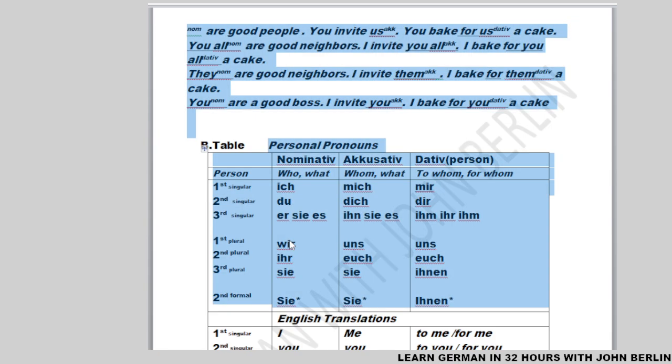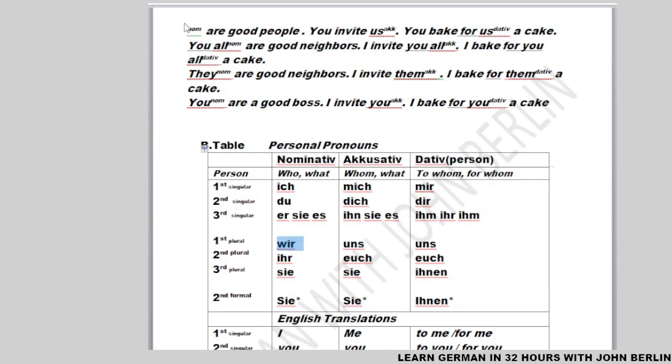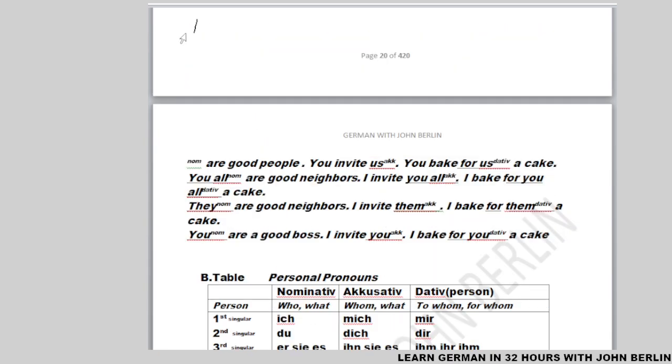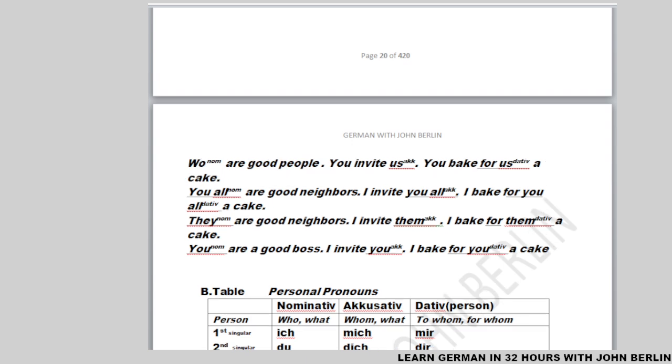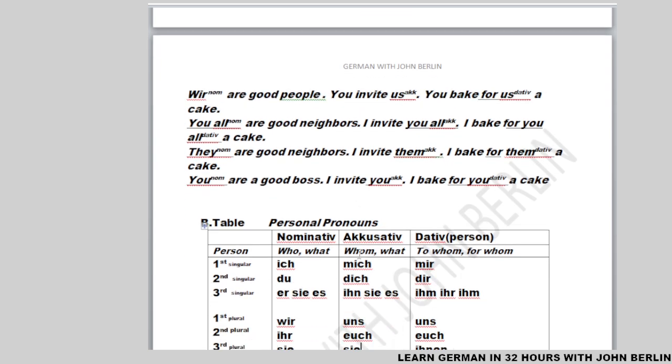Yes. Wir. Perfect. That's right. Wir. So I'll try to write wir. Wir. Then forward, let's come down a bit.